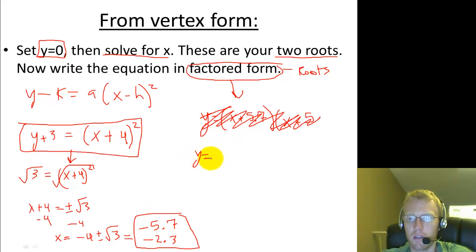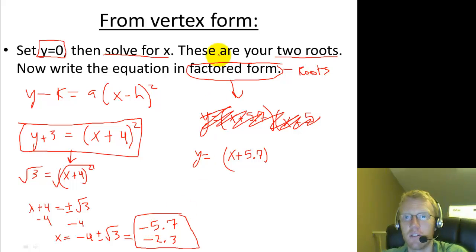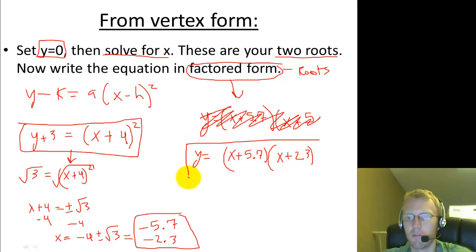So I get y equals (x plus 5.7) for my first one, because if I plug in negative 5.7 into factored form, I change the sign and I get that. The other one is negative 2.3. So when I plug in x minus a negative 2.3, it becomes x plus 2.3. Okay, so that would be my equation.